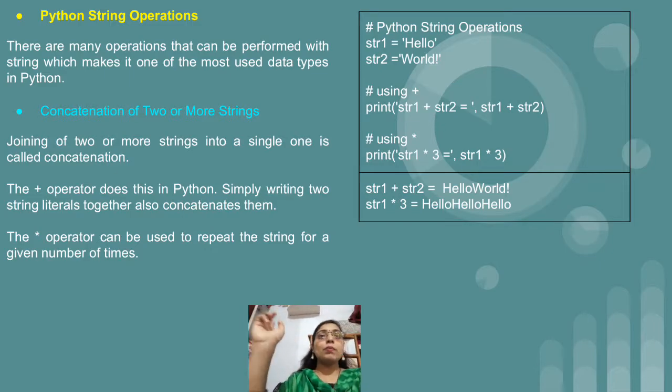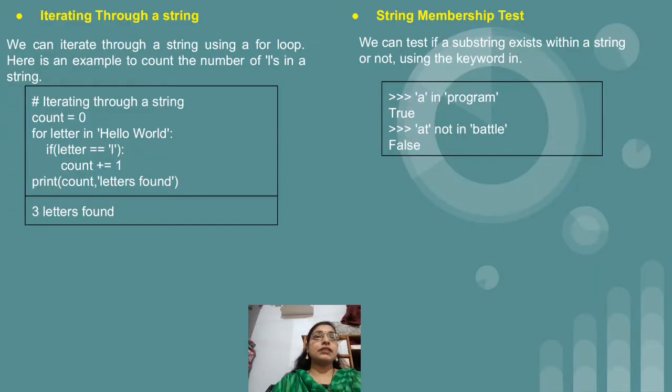There is one more operator, the asterisk operator, which is used to repeat a particular string. If you want to display the hello message 3 or 4 times, with hello assigned to str1, we write str1 into 3, so it will display hello 3 times. If you write str1 into 4, it will display the value of str1 4 times. So this is concatenation and repetition of strings available in Python.